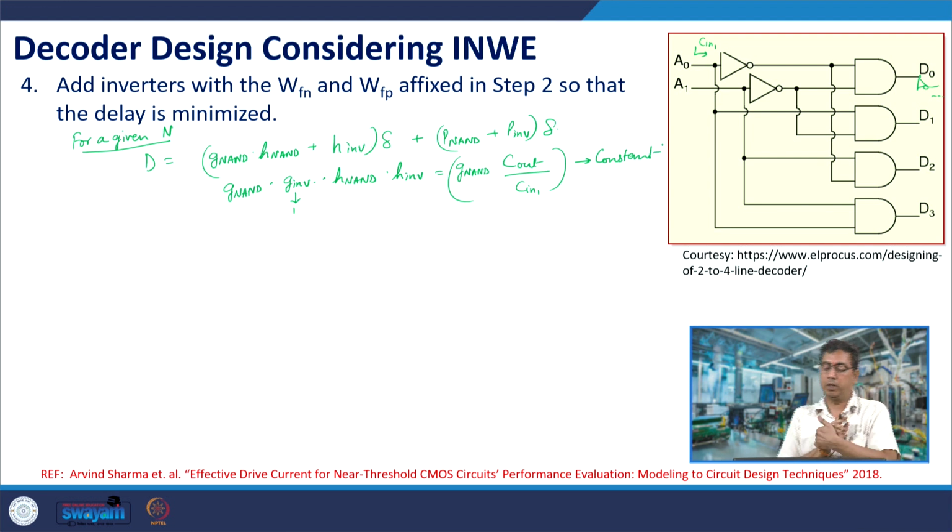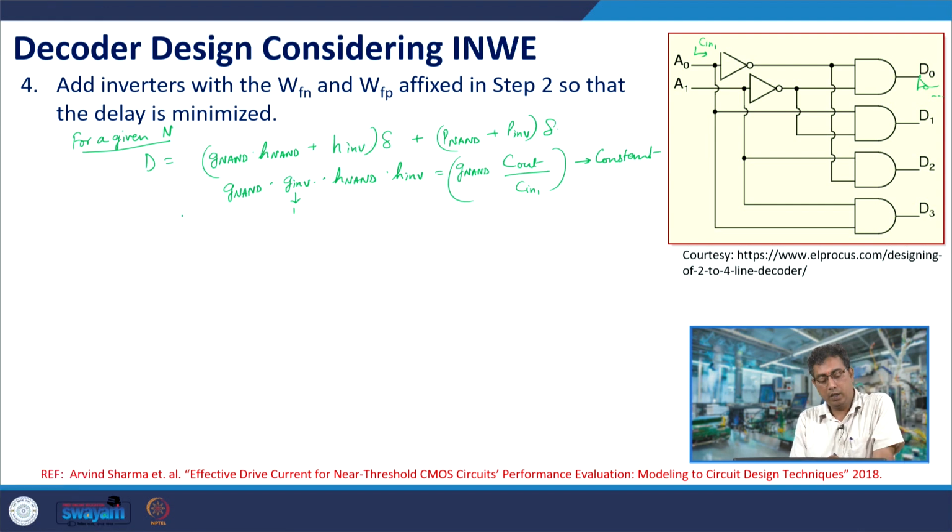So, if you want to deal with a constant, you would say that the product is constant and the sum must be minimized. So, all the terms here, in this case 2 terms, both these terms should be equal. If there are n number of terms, all the n number of terms should be equal in value, only then the product can be constant, as we had seen in the previous lecture.